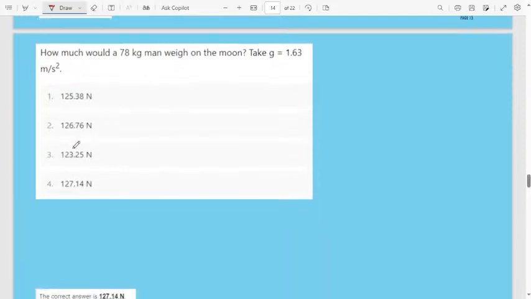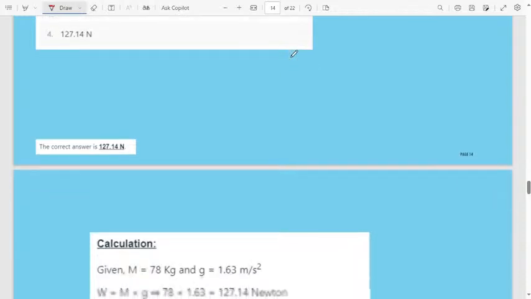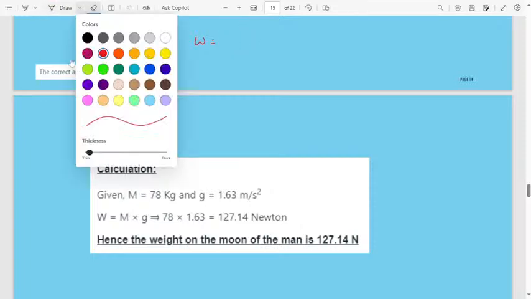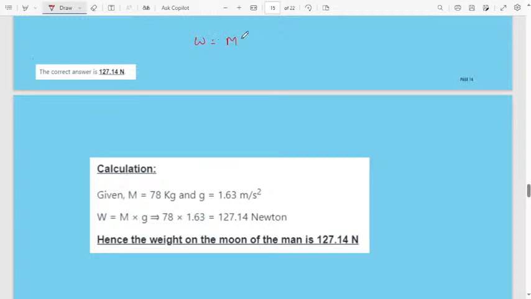Next question. How much would a 78 kg man weigh on the moon? Take g as 1.63 meter per second square. Weight will be mass into gravitational acceleration. Mass is given as 78, then g is 1.63; multiplying, you will get 127.14 Newton.